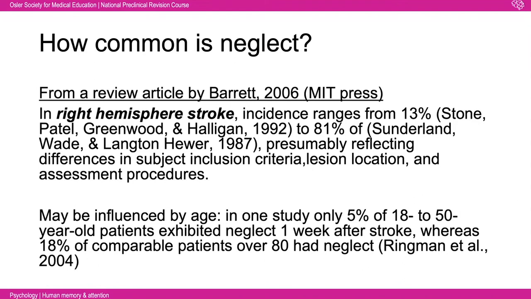But even so, there is probably some explanation in terms of the younger brain having more redundancy, and being able to overcome the attentional deficit through other means. Maybe also being more plastic, so being able to adapt to the lesion and restore function.